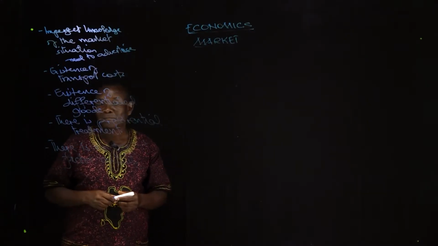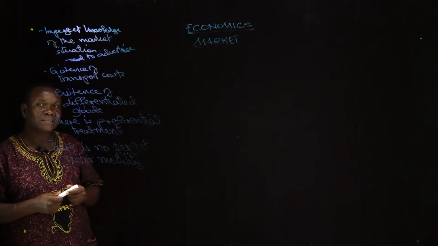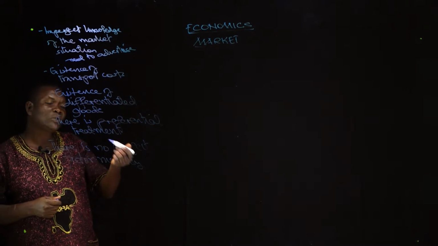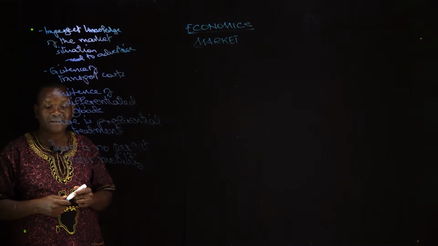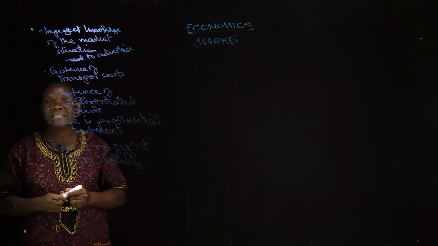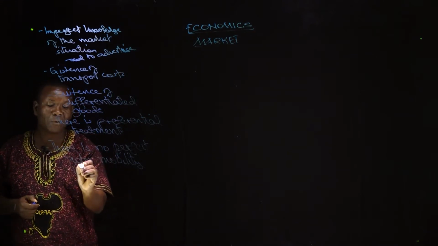Well, students, I've said that in a perfect market, we are supposed to have free or perfect factor mobility, but factors of production are not perfectly mobile. There are barriers to factor mobility.